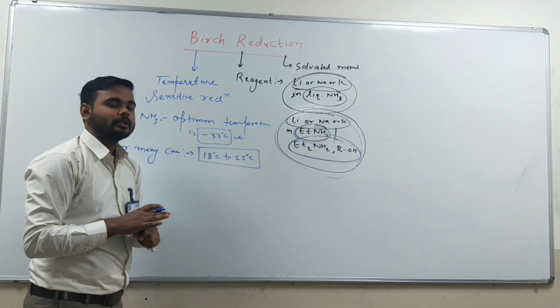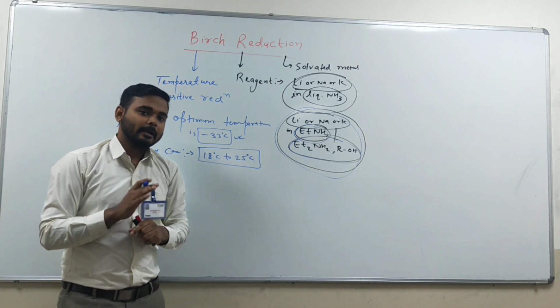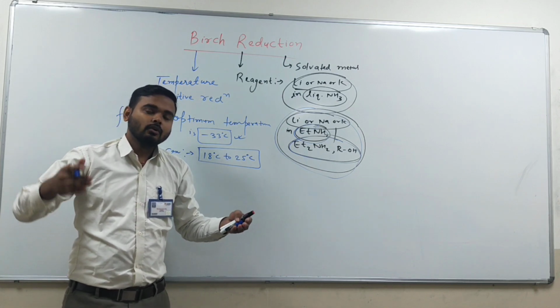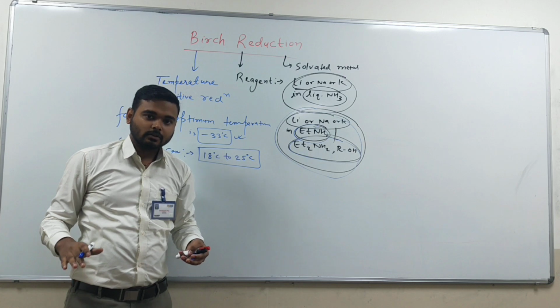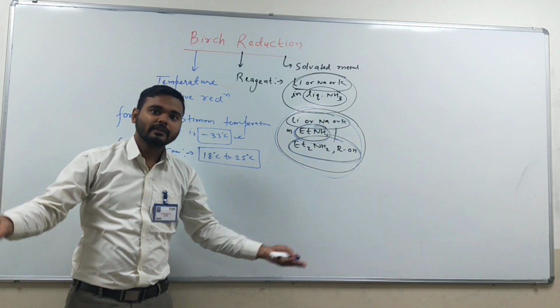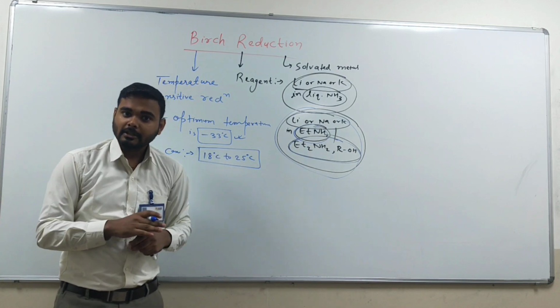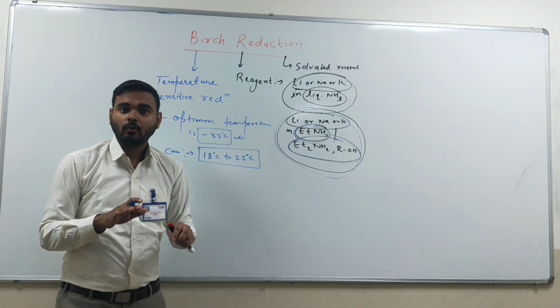One more thing I want to share with you: if you keep the temperature between, let's say, 50 to 125 degrees Celsius, or more than 50 degrees Celsius, do you really think Birch reduction will take place? No. Why?